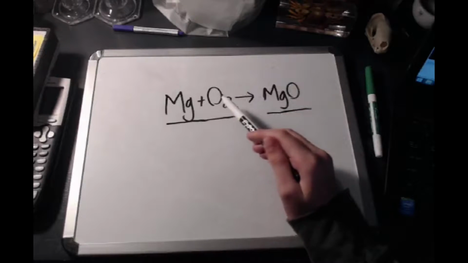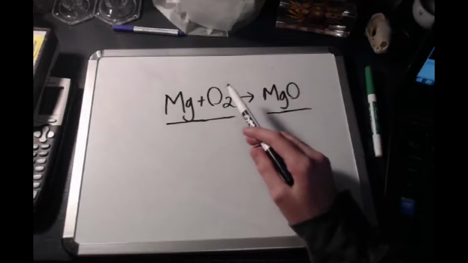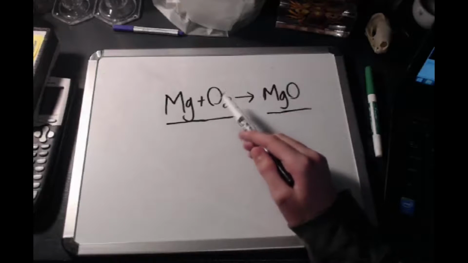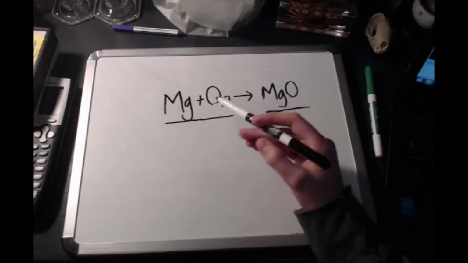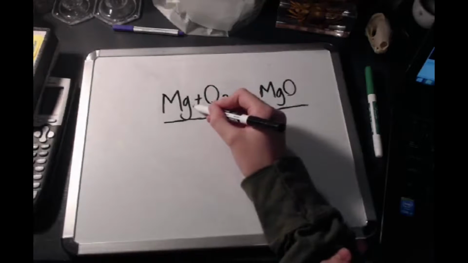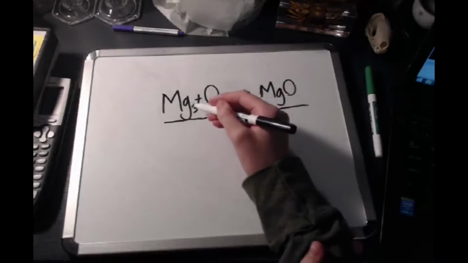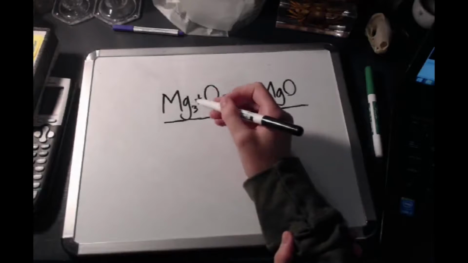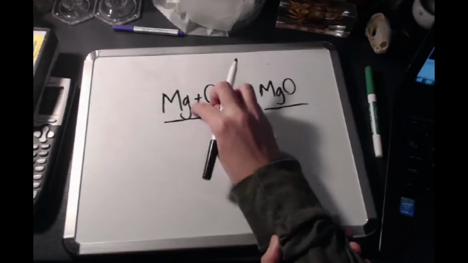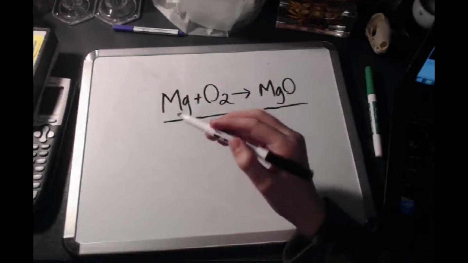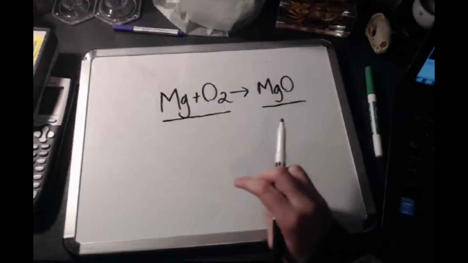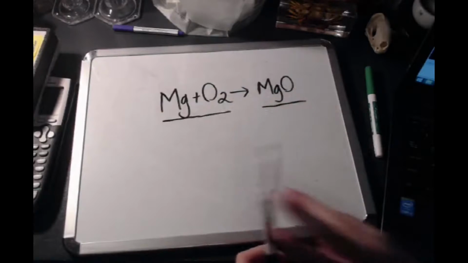But here we have two oxygen atoms as a reactant because this subscript indicates that there's two atoms. Same if we had, let's say for example, a 3 right there, that'd mean there'd be 3 magnesium atoms. Okay, so now I'll get into how to balance a chemical equation, starting with this one.